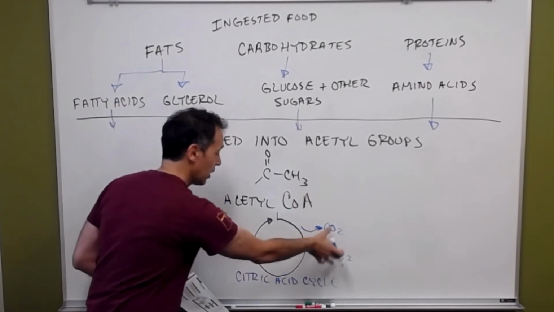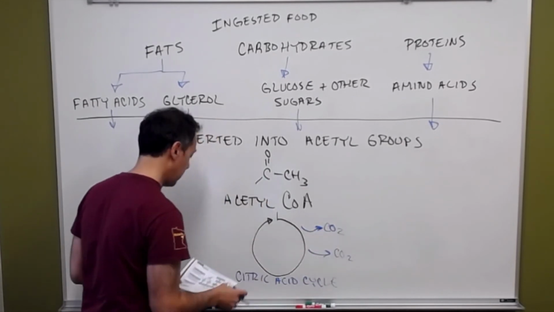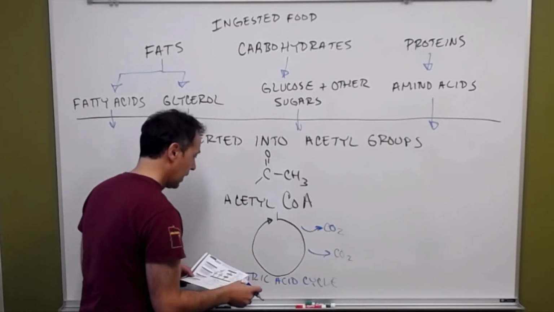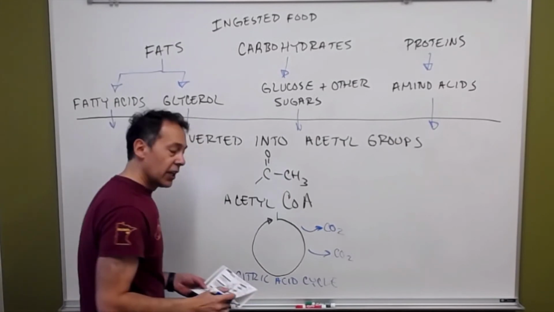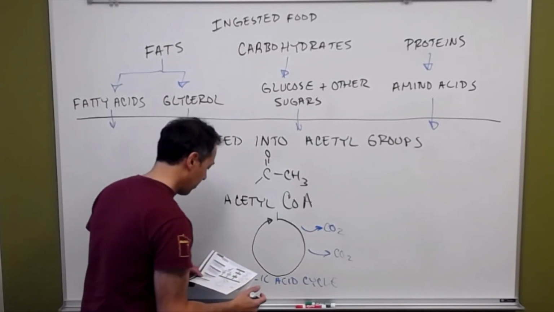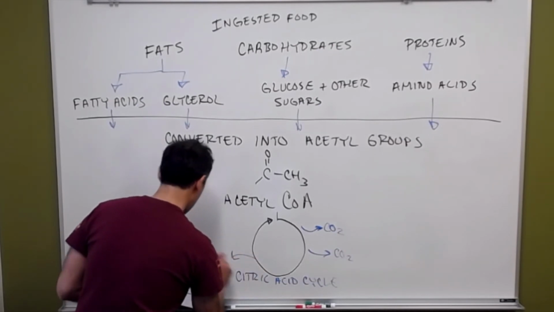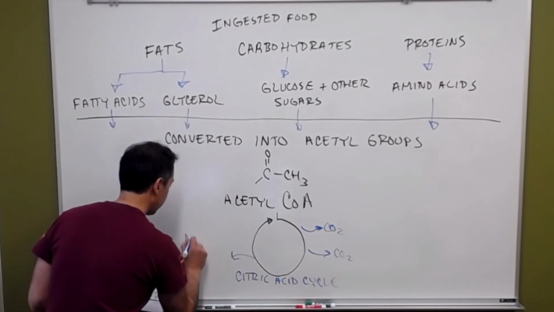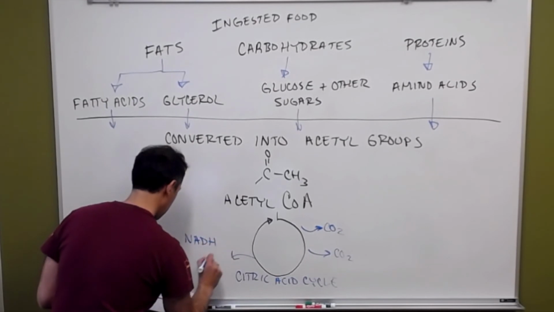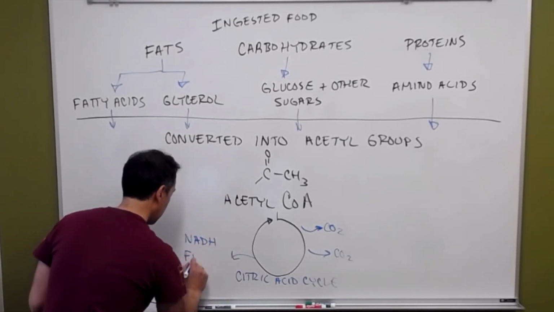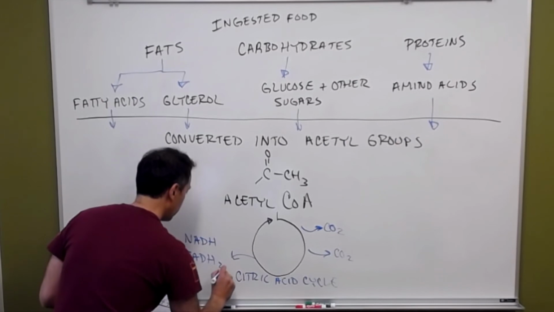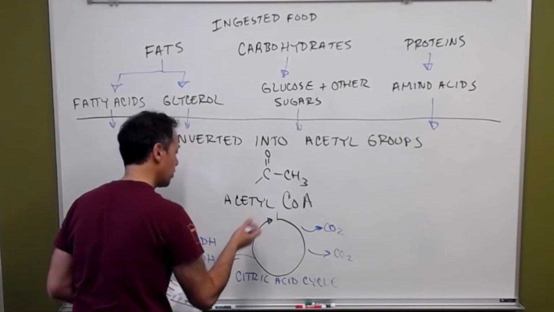This is where the carbon dioxide that we breathe out comes from. And in the process of doing this, it's going to provide the energy for making things like over here, our NADH and our FADH2. Okay, so it's going to provide the energy for this.